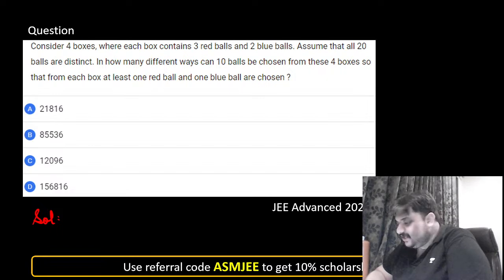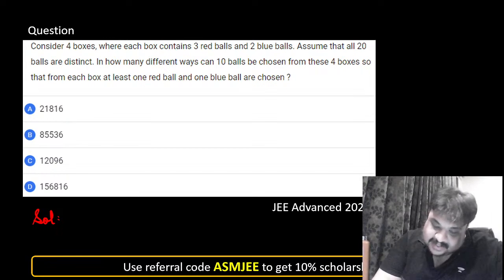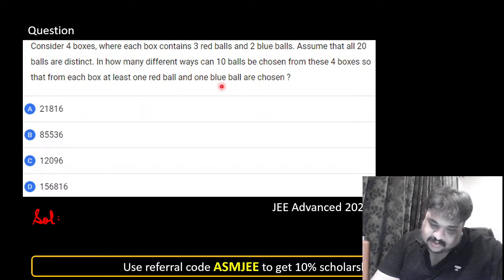There is slight ambiguity in this question, but okay. It should define what is meant by at least one red ball and at least one blue ball, or at least one red ball and one blue ball.